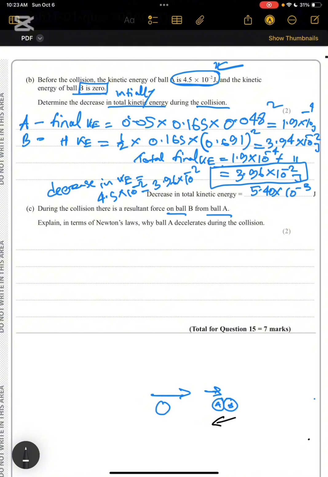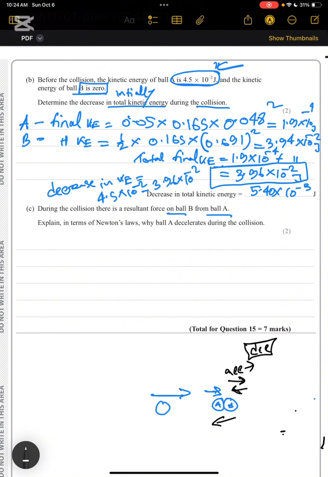So the ball A was accelerating at the first as it has a resultant force in this position, but as ball B is exerting a force on ball A on this direction, so the ball A will decelerate now. Because the net force before was on the right direction, and now there is also a force in the opposite direction to its motion, so it will decelerate.